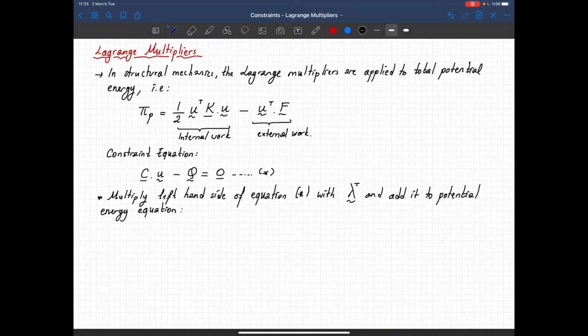So my potential energy equation will look like this. Pi P is equal to 1 over 2 internal energy minus the external energy plus my additional parameter lambda T multiplied by C times U minus Q. Okay.